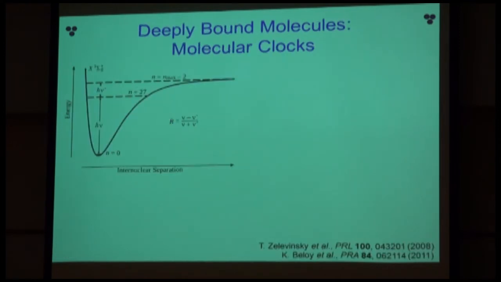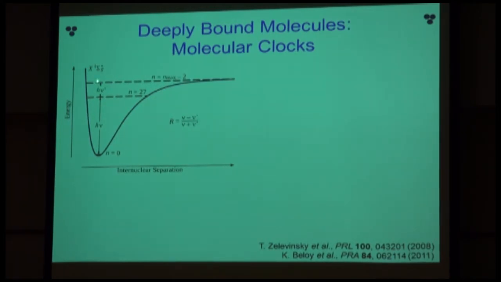So that's one thing. The other thing one can do with these deeply bound molecules is run a molecular clock. For the previous experiment, the idea is to measure fairly precisely a whole bunch of levels, including very deep ones, for that constraint. For this experiment, one would focus on just 1 or 2 transitions, but do it extremely well.